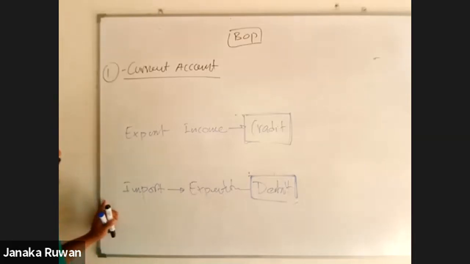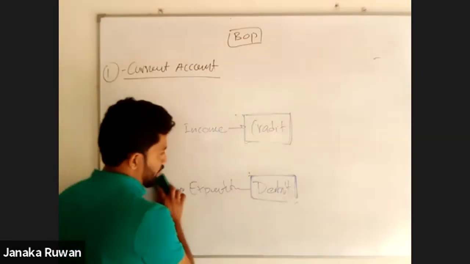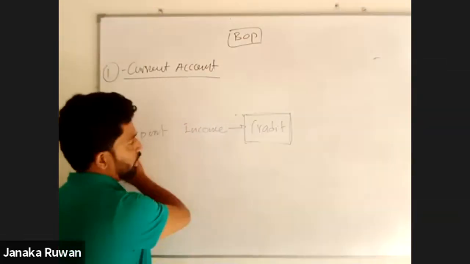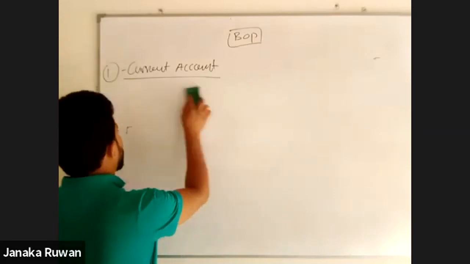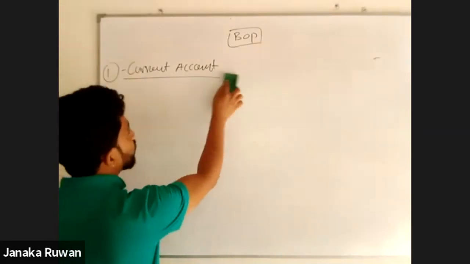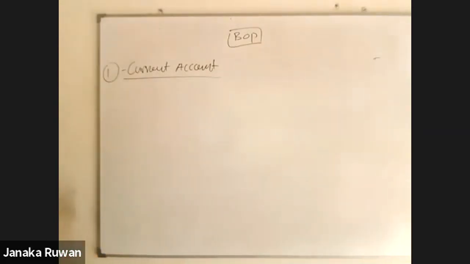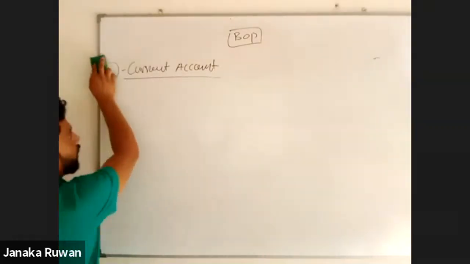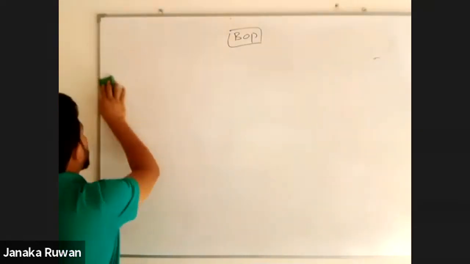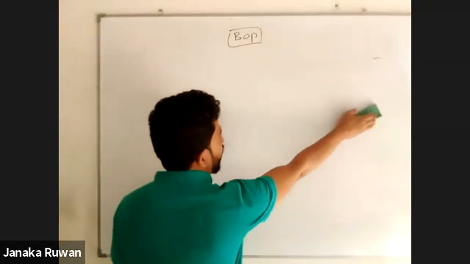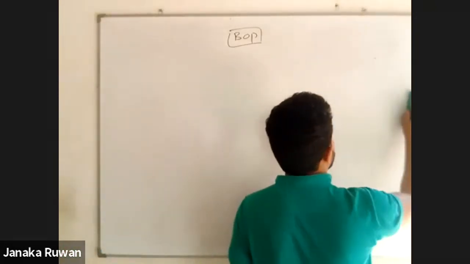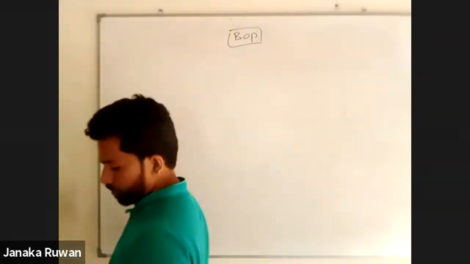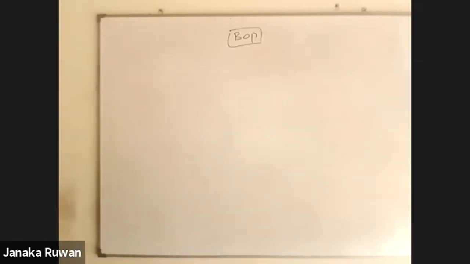If you have some export income, you need to credit it, and if there is export expenditure, you need to debit that. We discussed that the current account has four main components: the trade account, service account, primary income, and secondary income.